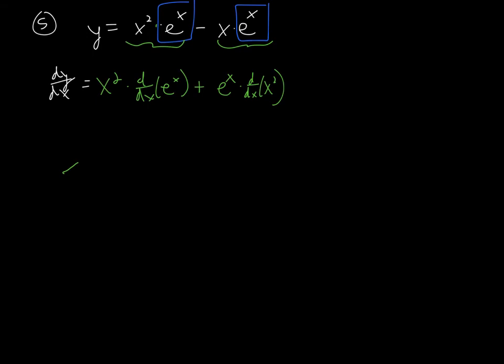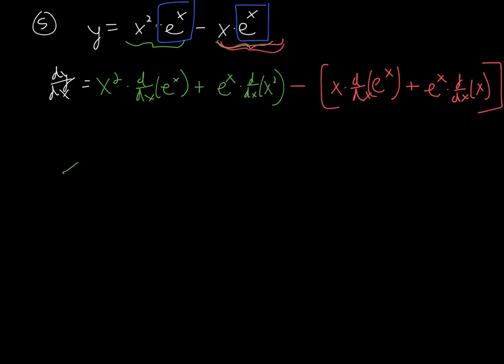So my second part here is going to be my product rule right here, which is going to be minus, I'm going to use brackets to set this off. X is my first function times derivative of e to the x, my second function, plus my second function e to the x times derivative of x. And that's all my second product rule right there.